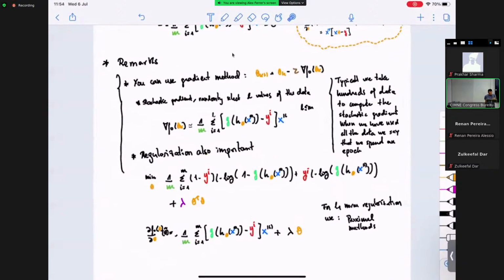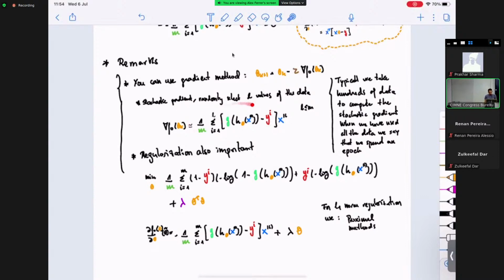Remarks. We were saying that we can take gradient methods because we don't want to do inverses, and we are going to use line search, tau, or learning rate in the world of machine learning.